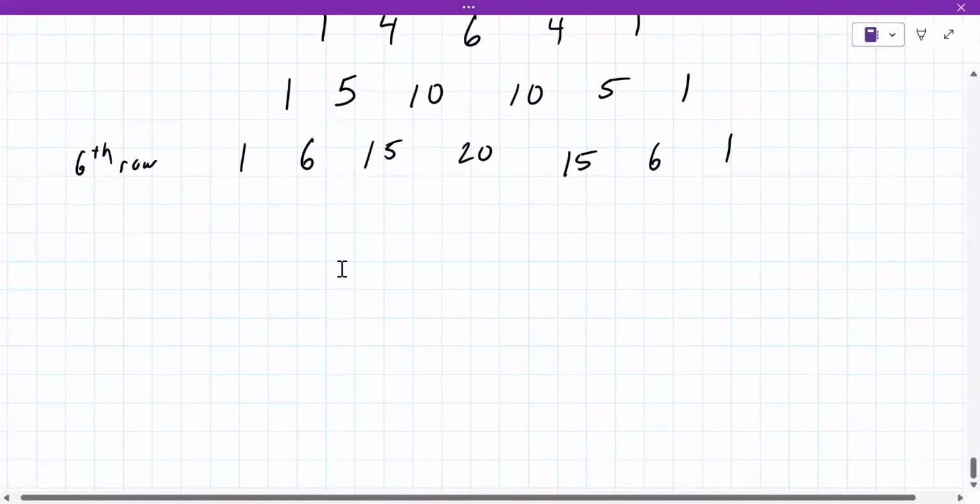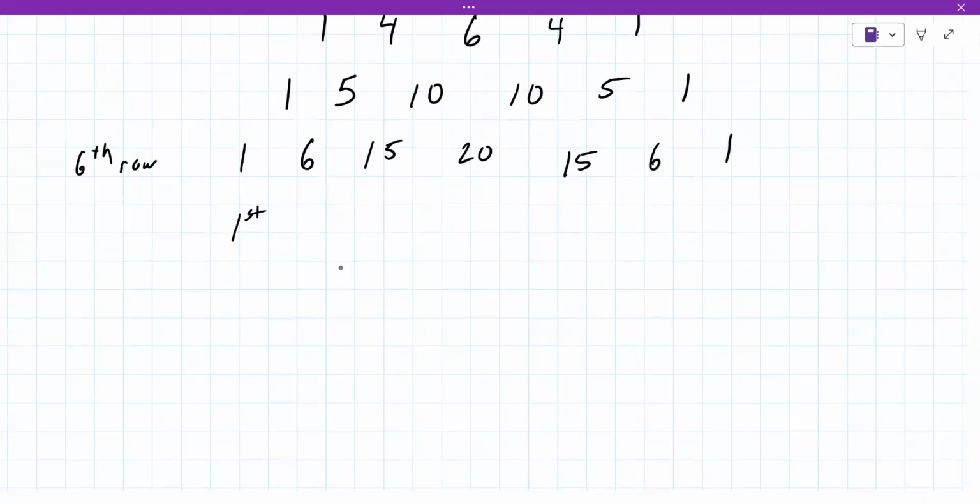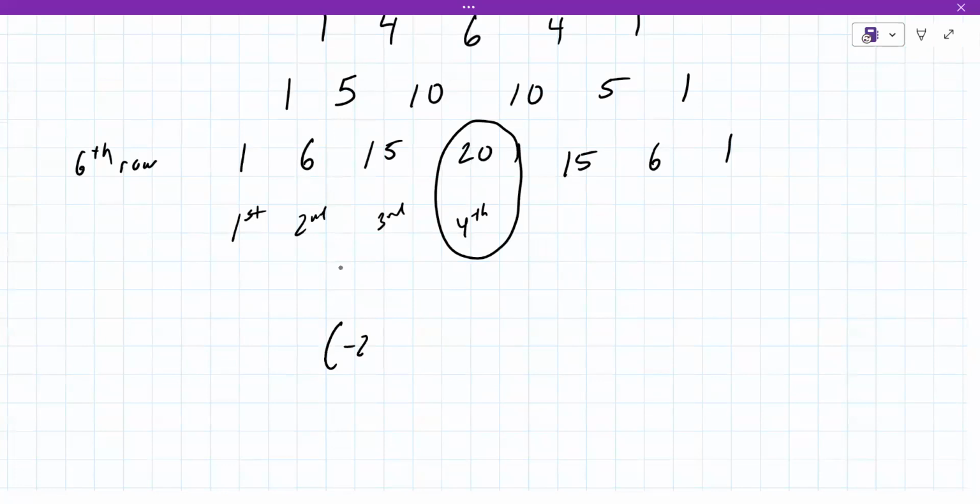What they're asking for is the fourth term. This is the first term, second, third, and then the fourth. So it's this one right here. Now what that means for your problem is minus 2x to the power of 4 times positive 1 to the power of 3 times 20.